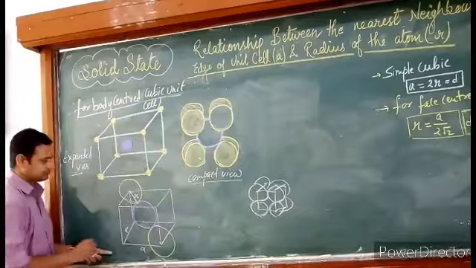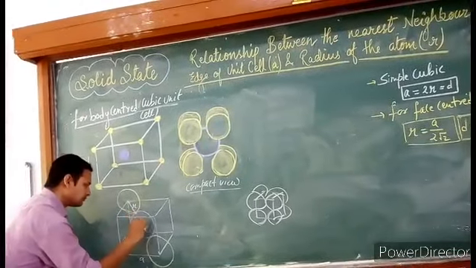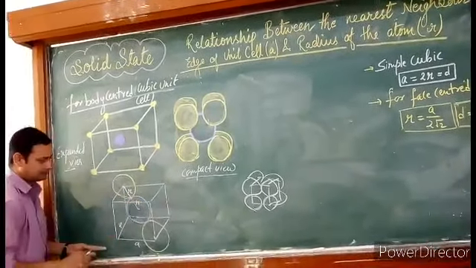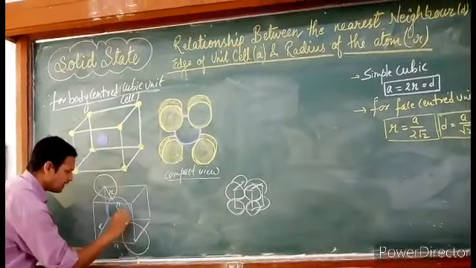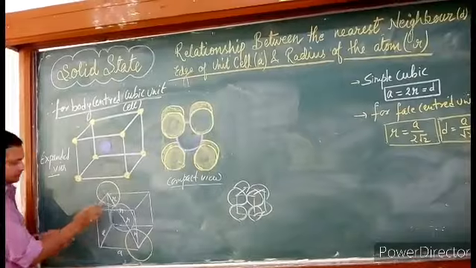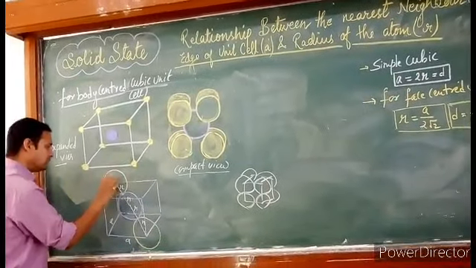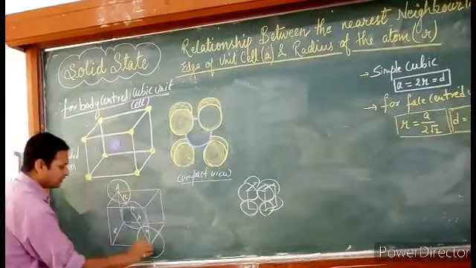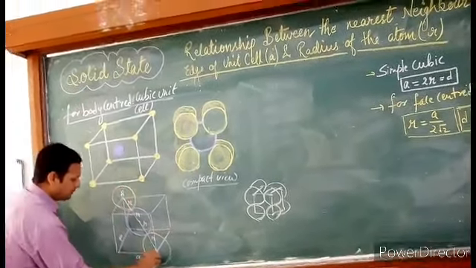R. Radius of atom R and R. If we talk about this point A and B, the distance between A and B now comes to be how much?